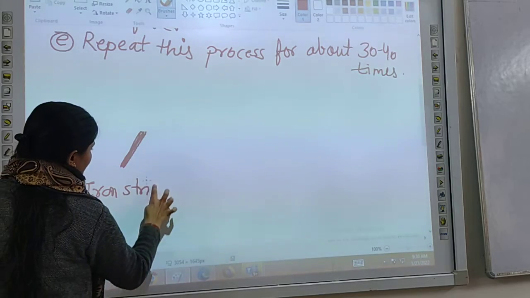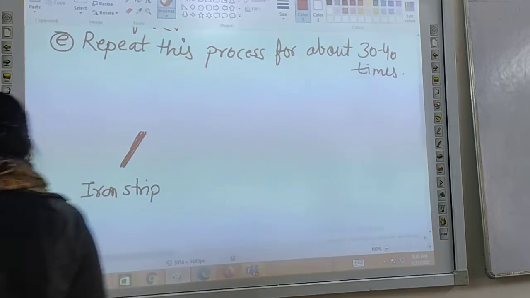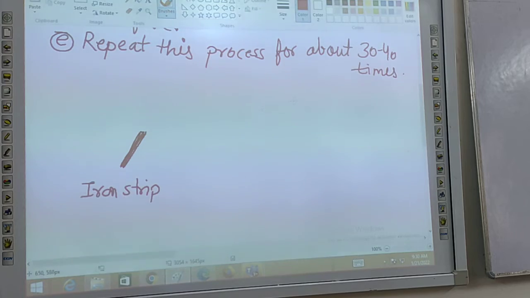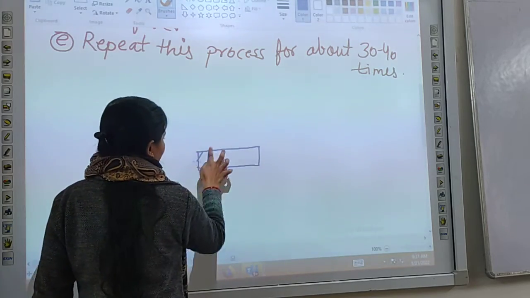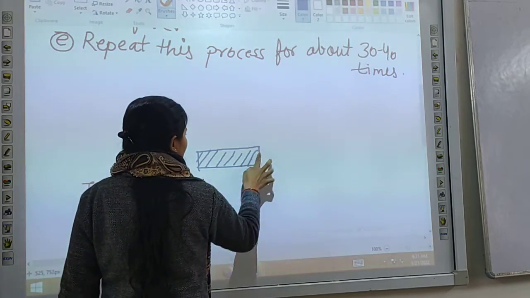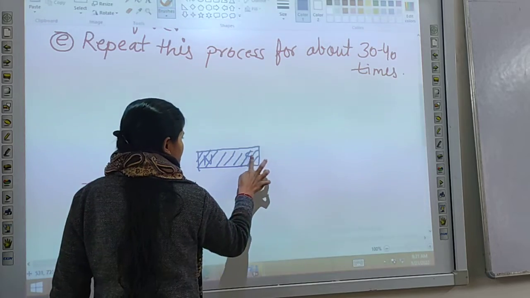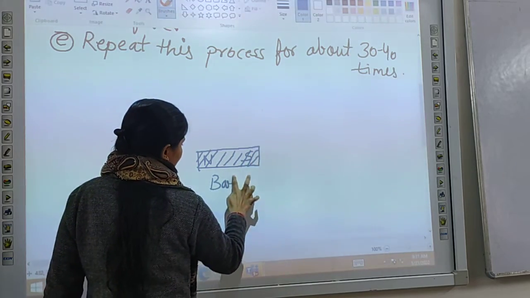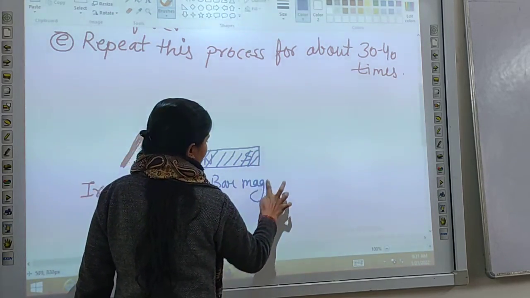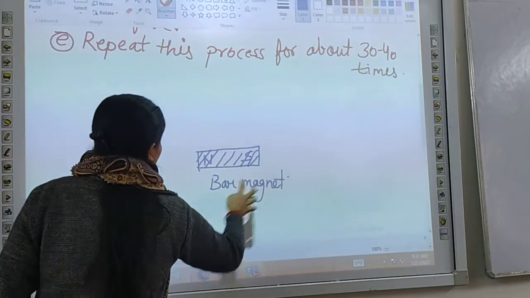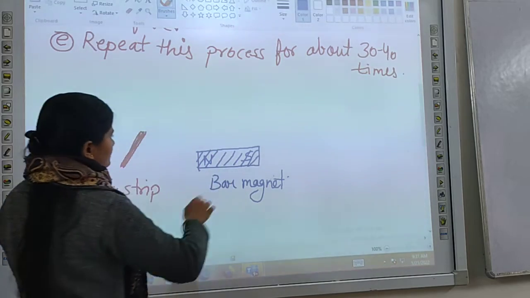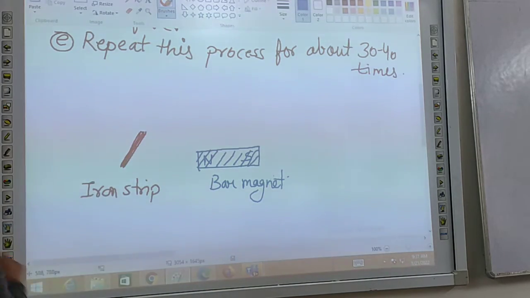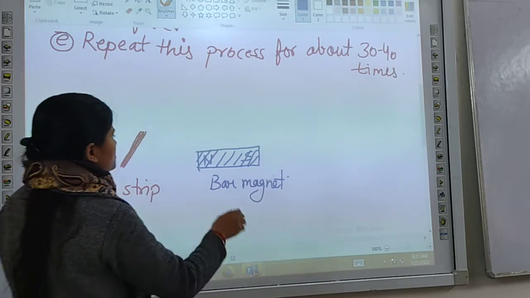Iron strip, and we have to take a bar magnet. It has north pole and south pole. Okay. Now we take an iron strip and move it along the surface of the bar magnet, from north to south direction.